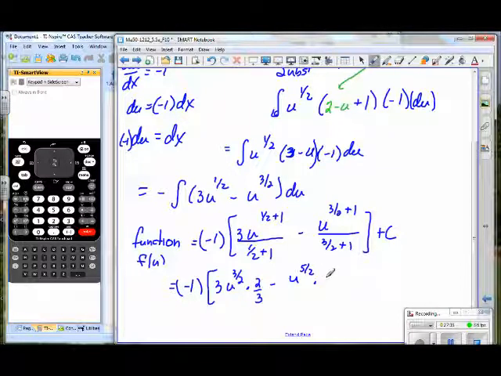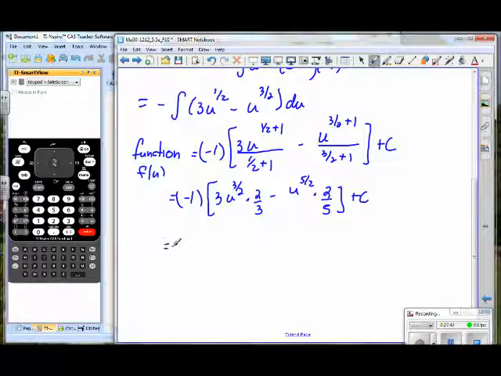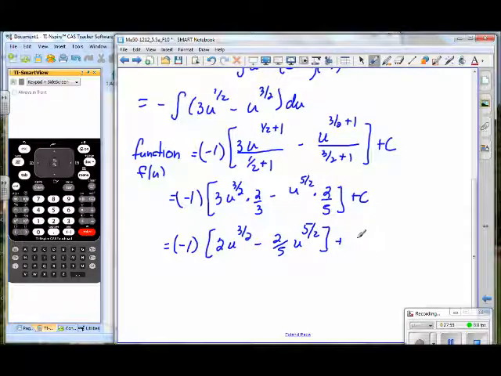So again, to divide by 5/2 is to multiply by 2/5, plus c. So we have our negative 1. We would then have 2, because the 3's cancel, 2u to the 3/2 minus 2/5 u to the 5/2 power plus c.